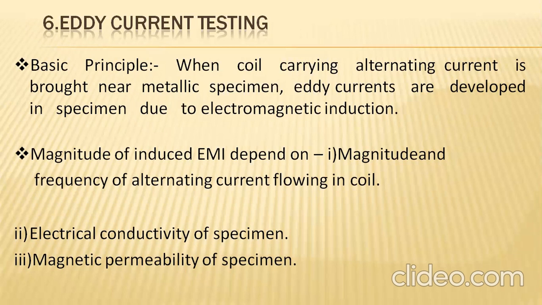That is, additional internal currents flow over that particular material, induced by the electromagnetic effect. The induced EMF is produced based on the input current provided. These eddy currents are affected at crack-confined areas.